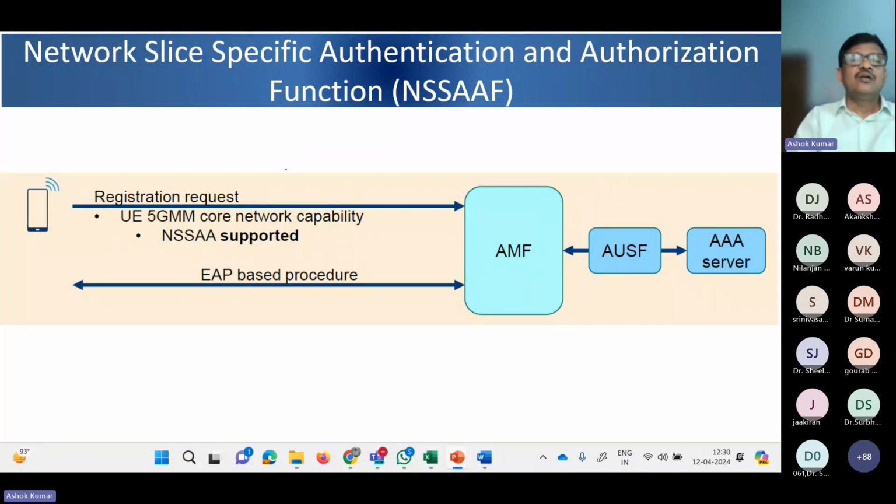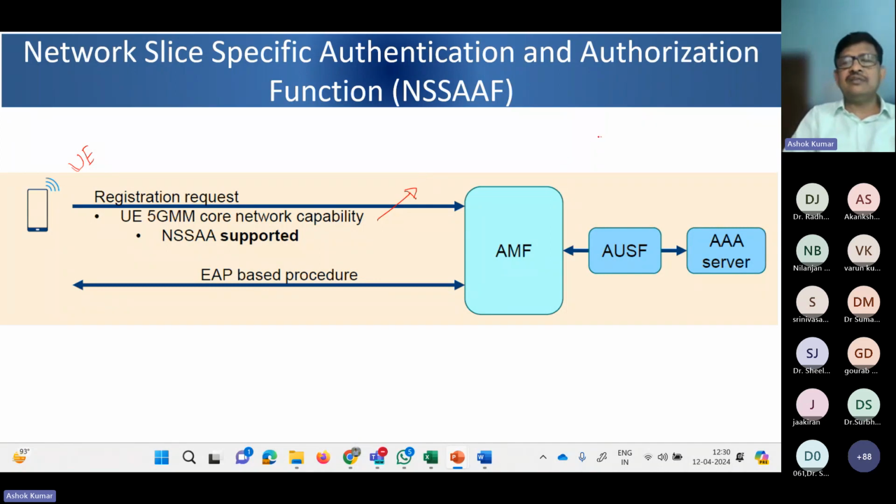Okay. So the same thing in a call flow type of scenario. When registration of a UE is taking place, it tells the network whether it supports slice specific authentication. There should be a certain capability in the UE so that slice specific authentication is supported.